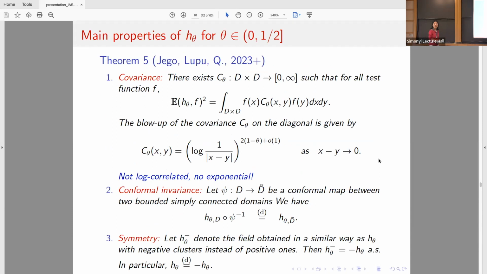So can you remove this little one? Yeah, for the moment, we cannot remove it. But you know it exists, okay. We expect that there should not be, for theta equal to 1/2, because it's the Gaussian free field, there is no little one. But for theta smaller, for the moment we cannot.